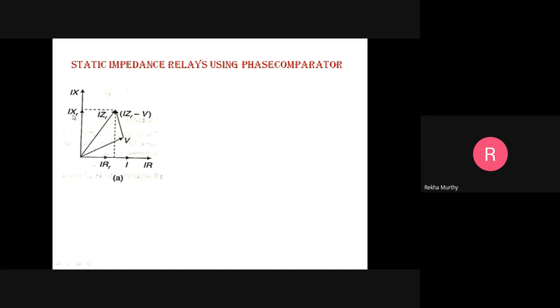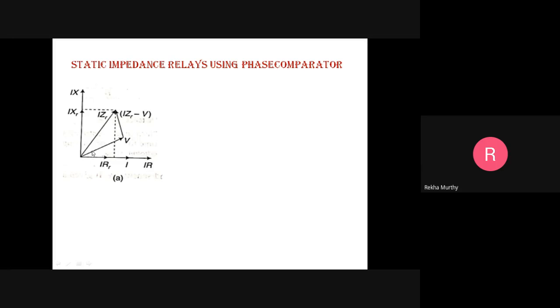So if we divide all these phasors by the current, finally you get this is the current I, and IR is the voltage drop across a resistance which will be in phase, and I into X will be the voltage drop across a reactance which will be leading by an angle of 90 degrees. Finally we get the value as I into ZR.